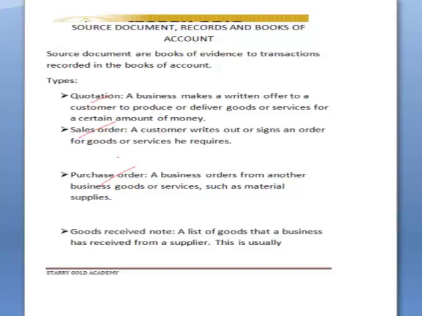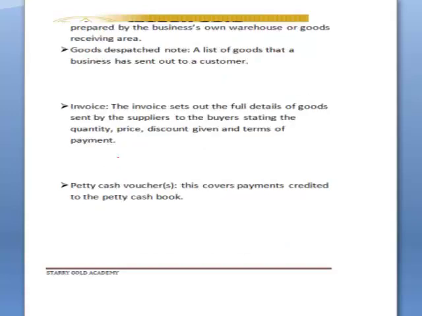This is usually prepared by the business-owned warehouse or goods receiving area.